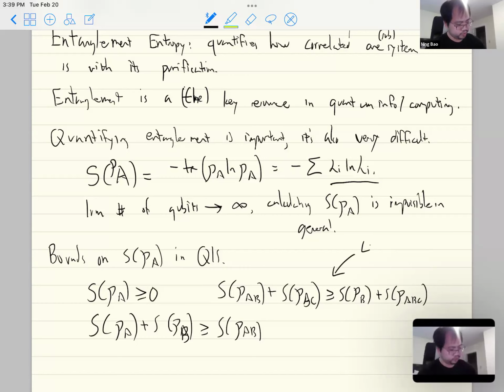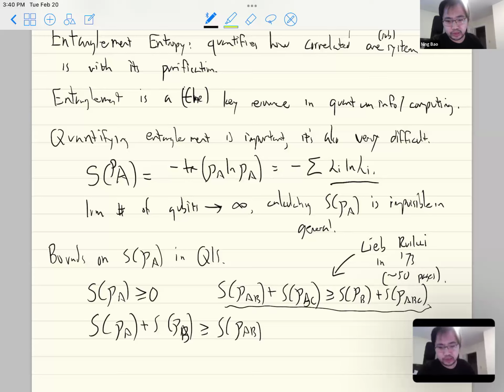The last one was proven by Lieb and Ruskai in I think 73. And their proof of it was about 50 pages long. I only mention that detail because the original proof of it was very difficult. And you can kind of intuitively understand why. This inequality looks linear, but it's actually a nonlinear inequality.